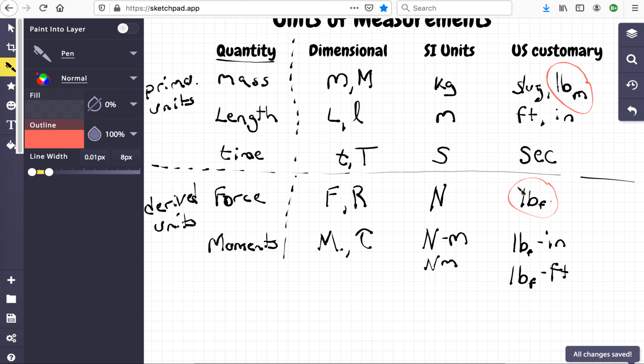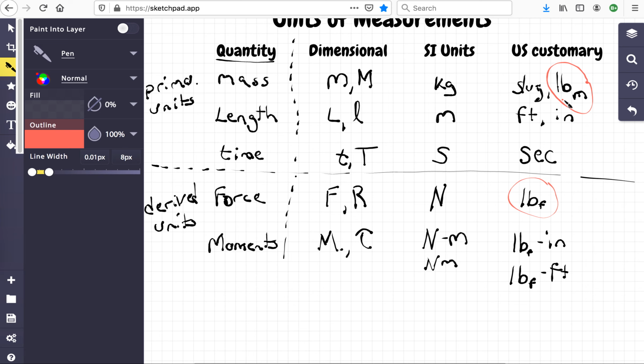So you're kind of getting into opening the hood to see what's beneath. A pound doesn't represent a pound anymore. You have to get more precise than that. In this case, you want to represent a pound mass, lbm, which has a quantity of mass, or a pound force, which actually has a quantity of force.